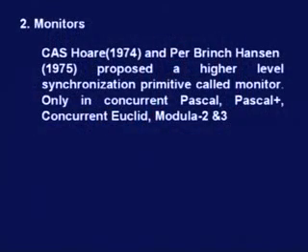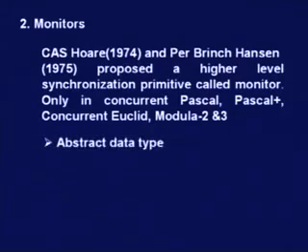The monitors were proposed jointly by C.S. Hoare in 1974 and P.B. Hansen in 1975 along the same time. This monitor is a higher level synchronization primitive, and it was used earlier only in concurrent Pascal, Pascal plus, concurrent Euclid, modular 2 and 3.